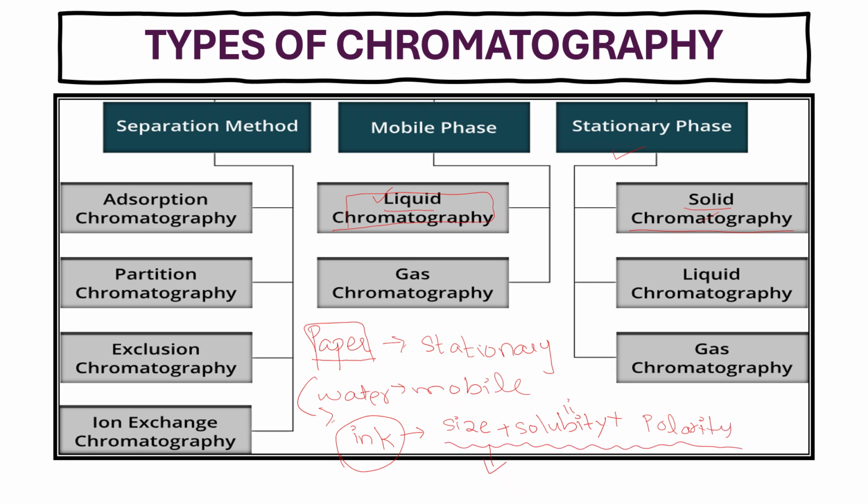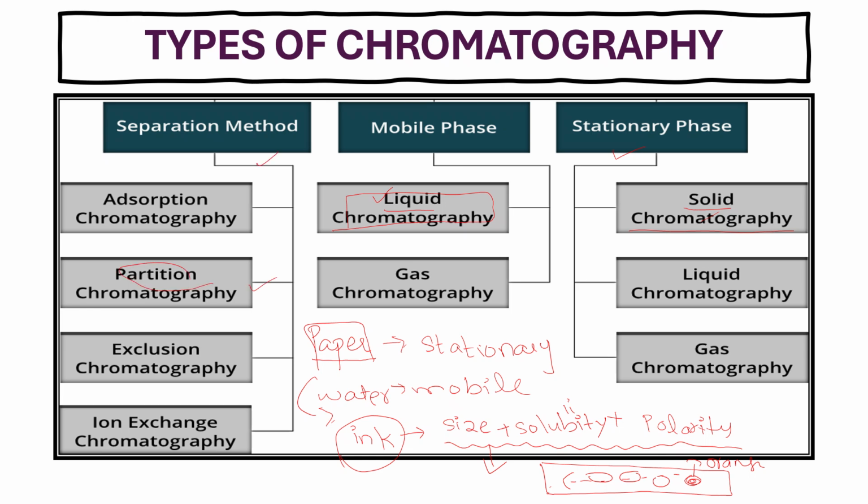On the basis of that, when they were partitioned on the paper, that also varied. There were some colors present at the top of the paper, for example orange, some at the bottom, and some in the center. So on the basis of that method, it was actually a partition chromatography.